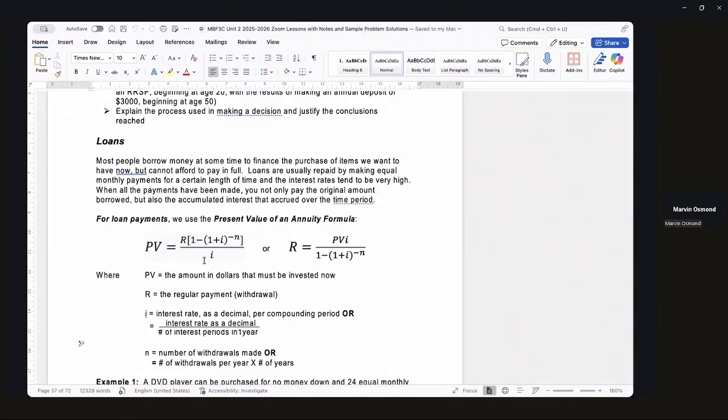But of course, if you borrow money, for example to buy a vehicle, you don't borrow the money today and then pay it all back in 3 years, one lump sum. You make monthly payments. So that's what the formulas we're going to look at today deal with. Usually monthly, though you can go weekly or bi-monthly or things like that, but that's the idea.